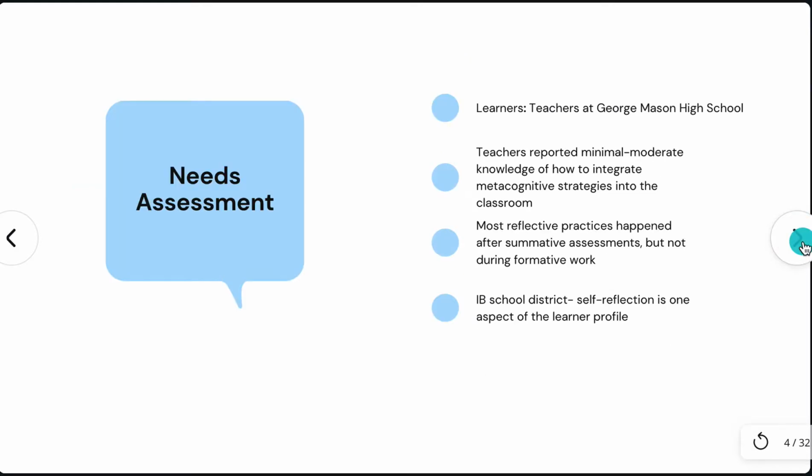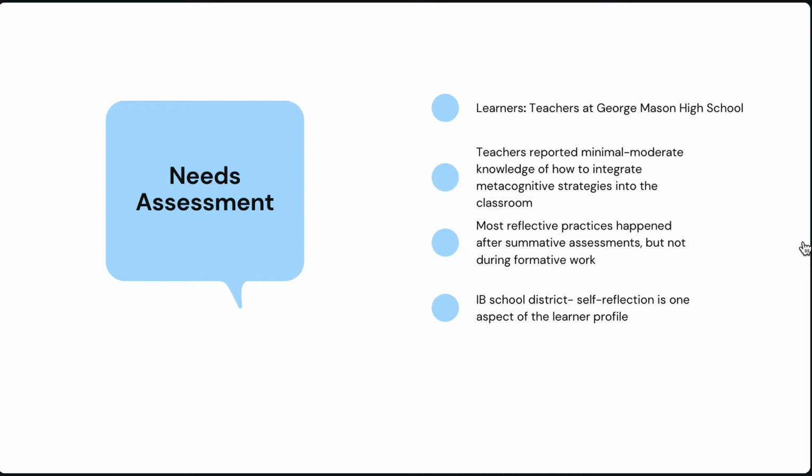As I did a needs assessment, the learners for this really would be any secondary teacher, but specifically I looked at teachers at the school I teach at, which is George Mason High School. Teachers reported minimal to moderate knowledge of how to integrate metacognitive strategies into the classroom. Most reflective practices happened after summative assessments, but not really during formative work. Also, I work at an IB school district, the International Baccalaureate, where self-reflection is one aspect of the learner profile.